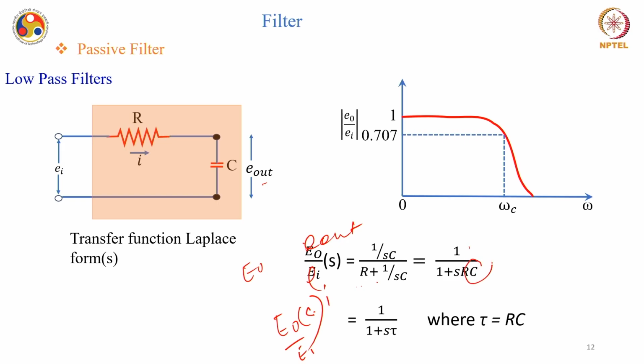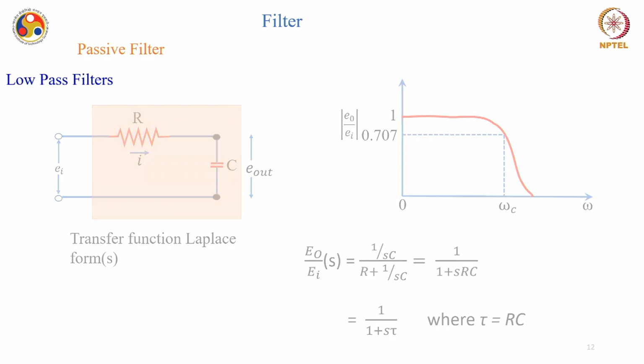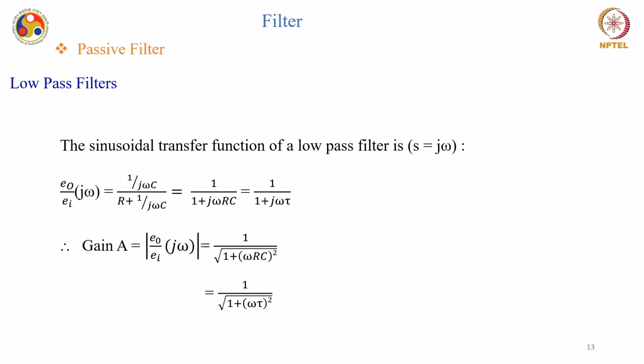Now this RC is usually represented by tau, which is your time constant, and this transfer function is given as 1 by 1 plus S tau, all right. Now the sinusoidal transfer function of a low pass filter can be simply found by replacing S by j omega, okay. So in that case, E naught by EI of j omega is equal to 1 by j omega C, very similar to what we have seen, divided by R plus 1 by j omega C. Now this is equal to 1 by 1 plus j omega tau, again replacing RC by tau, okay.